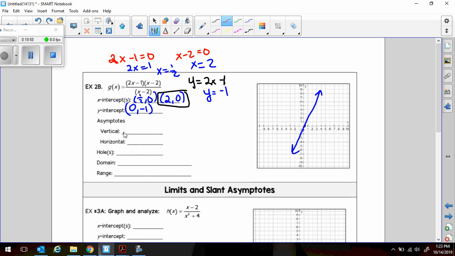So there's none. The horizontal asymptote, we would be able to use our theorem, but since what's left over is just a straight line, we don't have a fraction on what's left over, there is actually not going to be any.